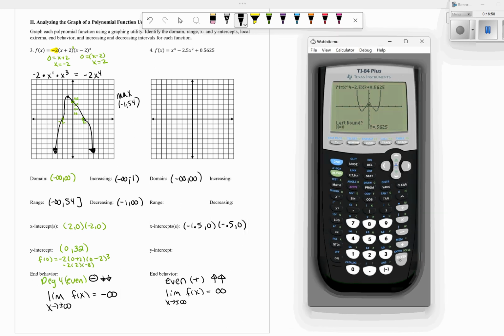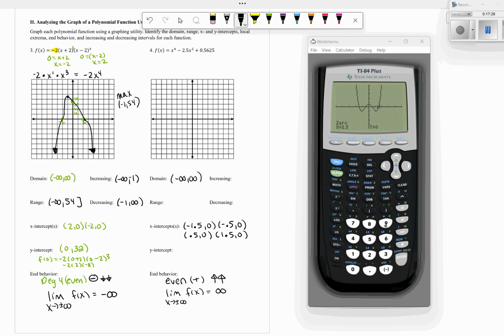So we have left bound, right bound would be below, enter, enter. So positive 0.5 comma 0. And then the last one, second trace zero. So below, enter. And then right bound would be above the x-axis for this side, enter, and enter for guess. And 1.5 comma 0.